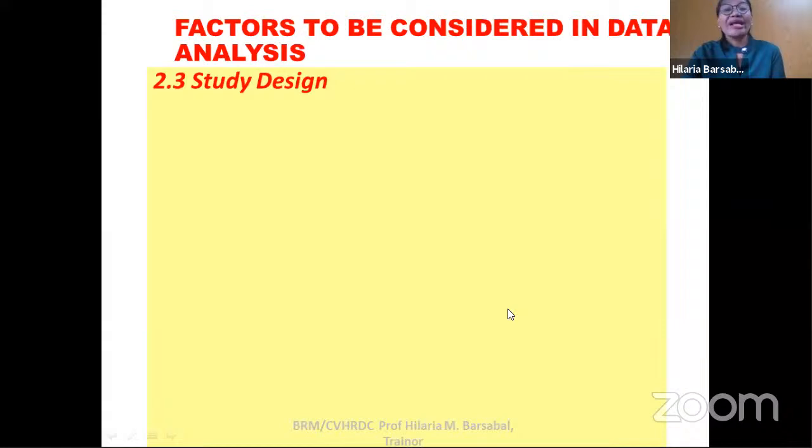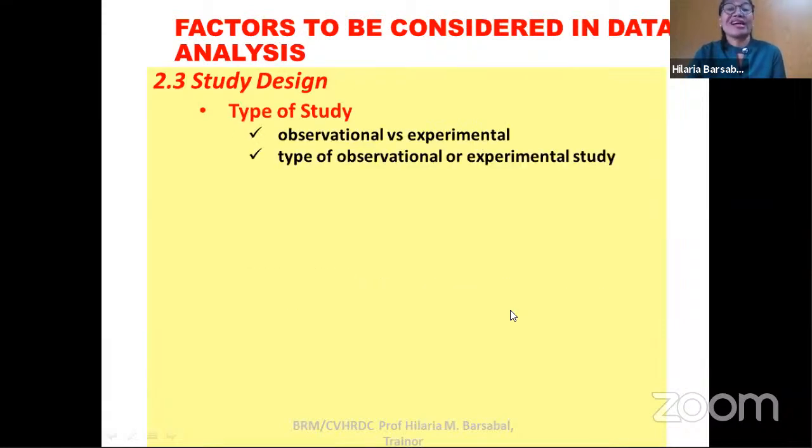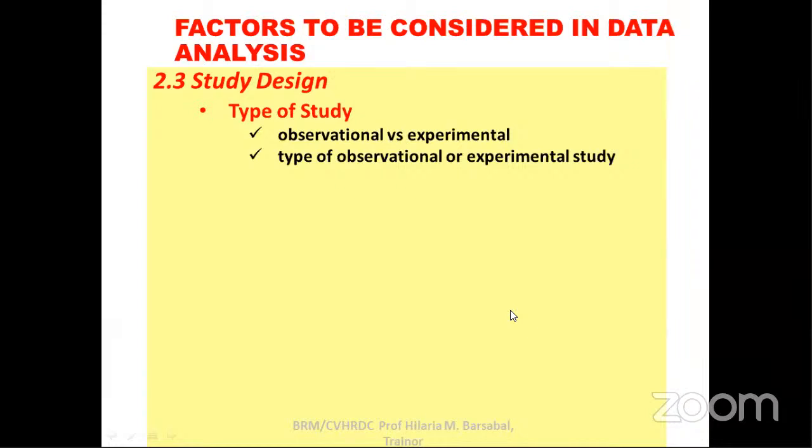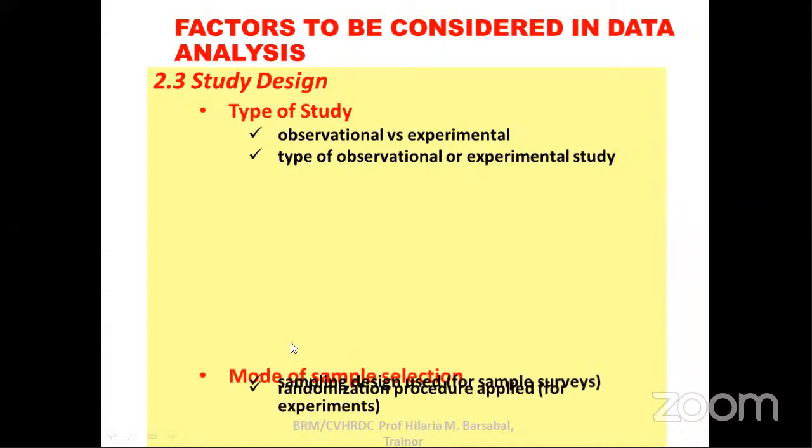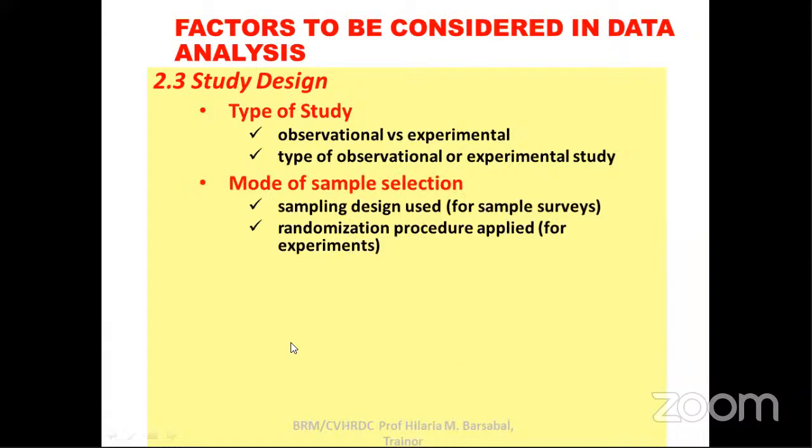Now, the study designs definitely were discussed with you in your research, and there are several study designs, no? So the type of study design will affect your data collection and data analysis tool. So you have to consider whether you made use of observational or experimental, and the type of observational and experimental study being used, no?